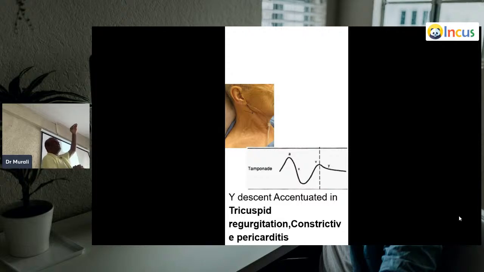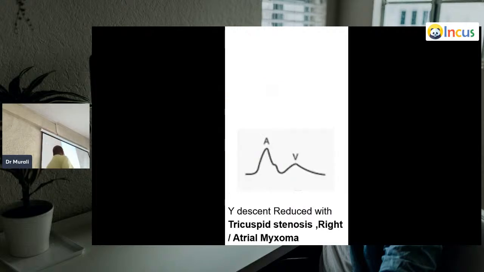That's the reason the pressure point is high. So that is the reason the fall is also higher, more rapid. So that is tricuspid regurgitation. The same logic applies for constrictive pericarditis. Then what makes the Y descent become reduced is the next important question.